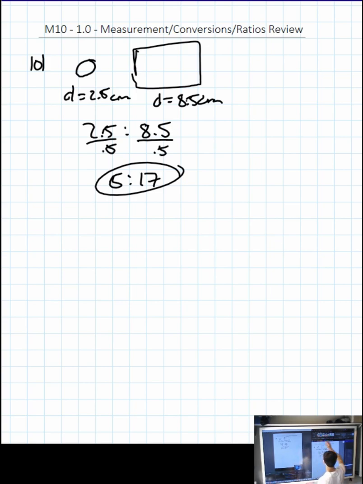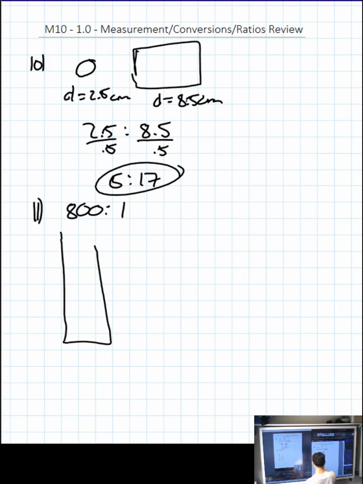Okay, so number 11. If a scale is 800 to 1 of a totem pole, we can draw a big totem pole, a little rectangle, and the model is 2.5 centimeters. Let's set up ratio equals ratio. So let's say 800:1. Now, below it, we're going to set up another ratio.